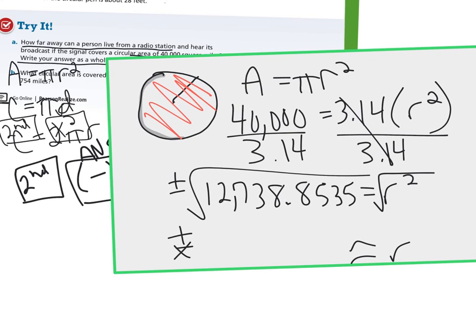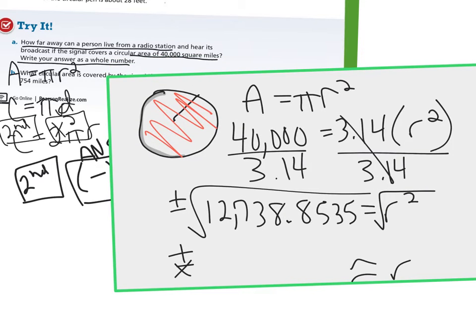Okay, and then they're wanting us to round this to the nearest whole number. So when you take the square root of that, the nearest whole number would be... Nearest whole number. Oh, okay. That would be 113. Okay.